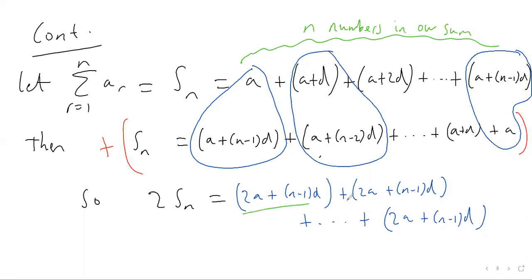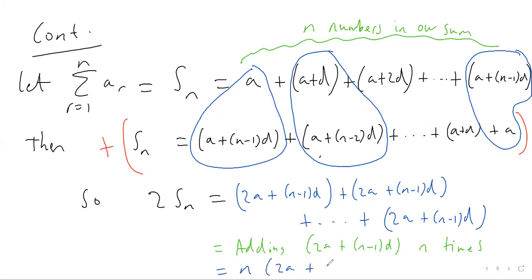So we're adding the same number n times. So this is the same as adding 2a plus (n minus 1)d n times. When you add something n times, it's just the same as multiplying that number by n. So actually the result is going to be n times 2a plus (n minus 1)d.